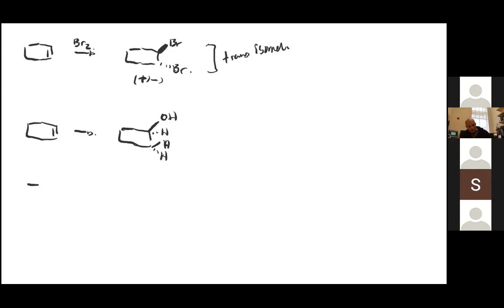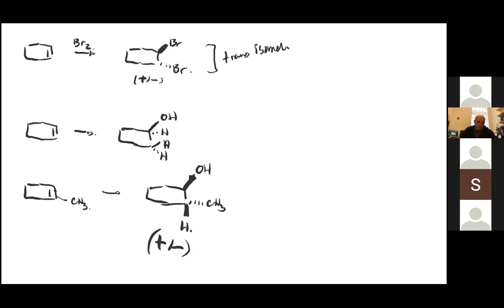But if you had a substrate like this and you did a hydroboration, there is a particular stereochemical outcome that would arise, and it would be this one. Plus minus, okay?